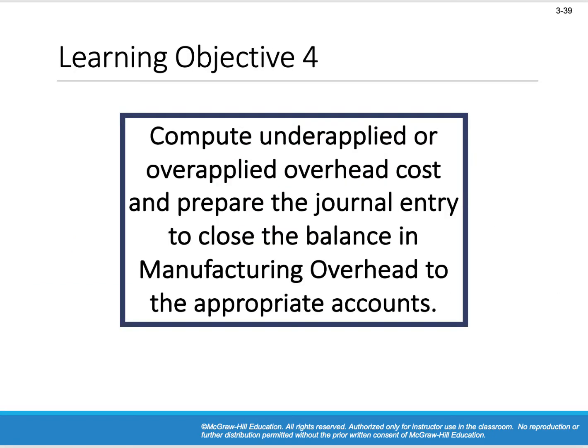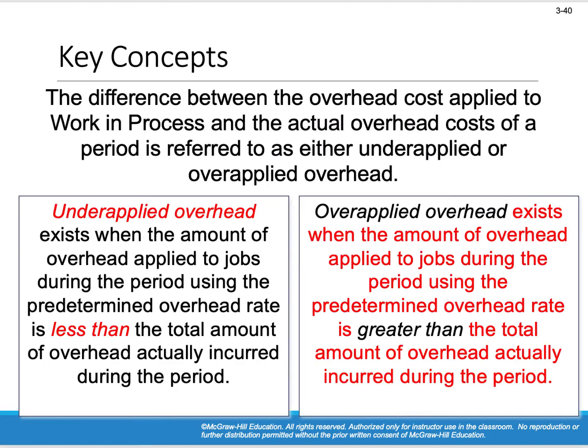Okay. How do we handle underapplied or overapplied? Well, we pretty much already saw how we do that, right? Remember, when do we have overapplied? Well, that's when the amount that we apply to jobs during the period, remember, we're always using the predetermined overhead rate to apply overhead, is actually less than the actual manufacturing overhead that we incurred during the period.